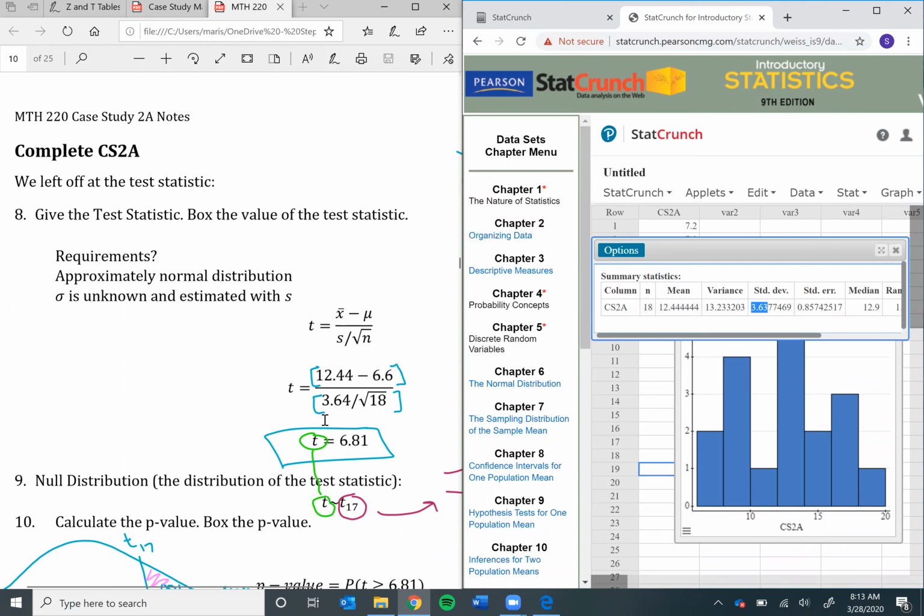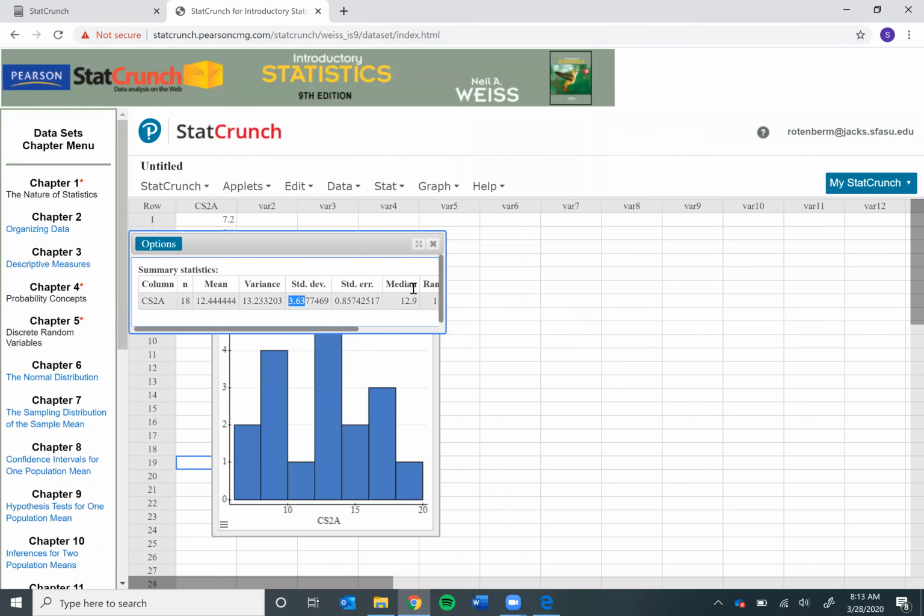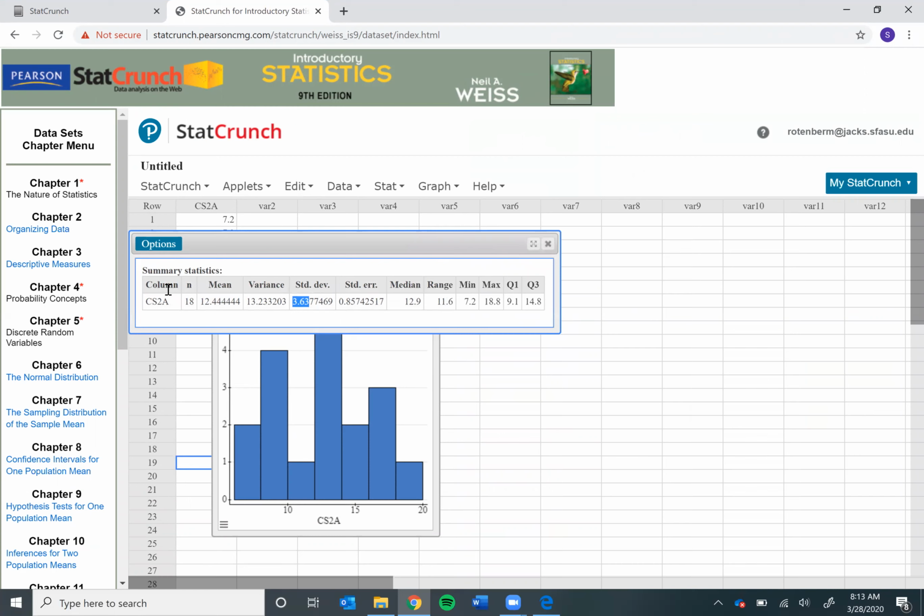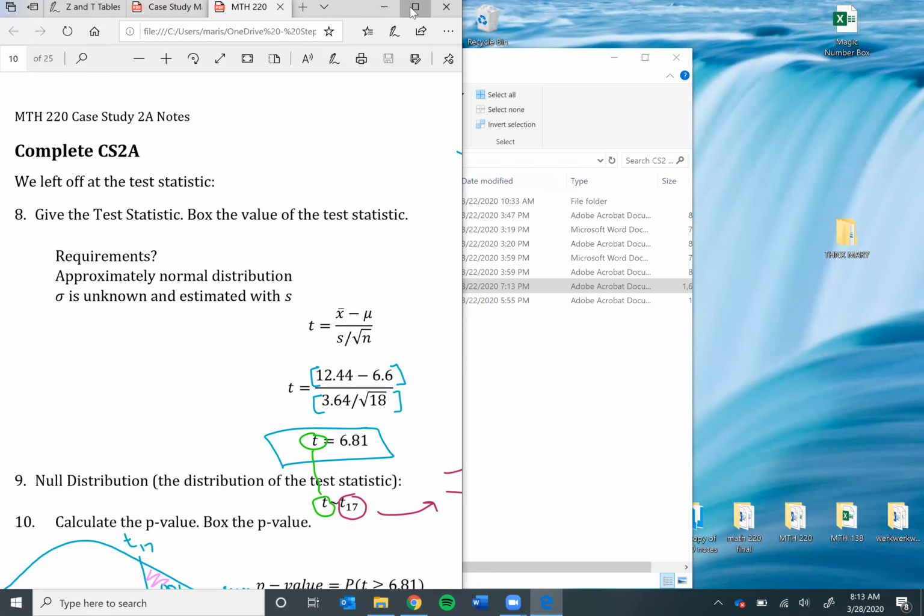That's what I plugged in for our standard deviation, and 12.44 is what we plugged in for X bar, the mean. Be comfortable reading this output and assigning any symbol or word to it.